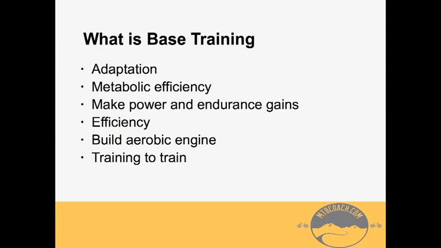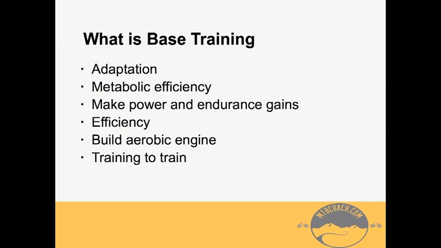Overall efficiency, being more efficient on the bike, so that could be in the cardio aspect or in your strength. You want to be using as little energy as possible when you're cycling, and so improving your efficiency in this period is more beneficial than when you're trying to do it in the next phases of training.